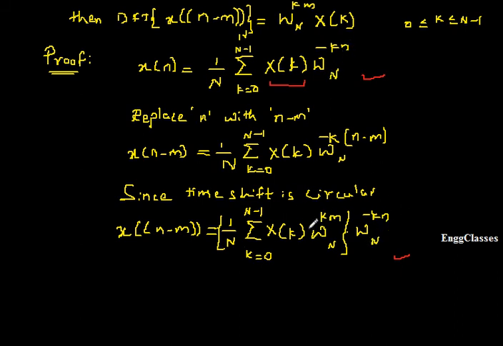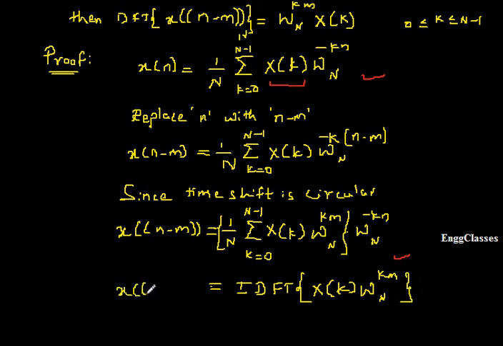So it is going to be the IDFT of X of k W_N to the power km. Is that correct? So this is going to be the expression of IDFT of X of k into W_N to the power k into m. So this is x of n minus m.